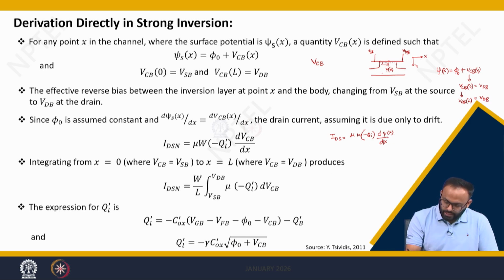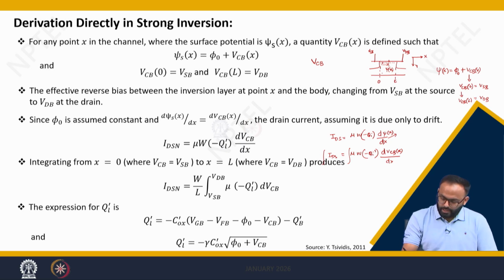So I can simply replace this surface potential as mu into W into minus Qi dash dVCB, which is a function of x, by dx, and I can integrate this equation in the limits. The limit for x is 0 to L, where L is channel length, and the limit for VCB is VSB to VDB, into W into mu into minus Qi dash dVCB, and on the left hand side you will get IDS, considering it is constant along the channel, so 0 to L dx.